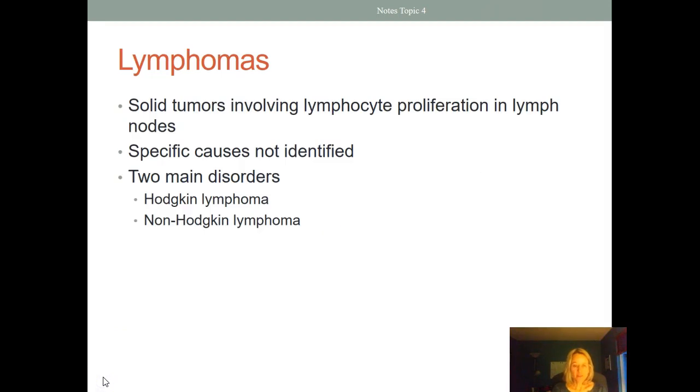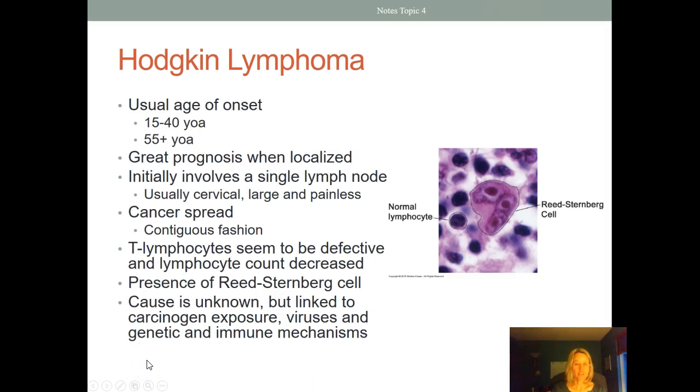The lymphomas involve solid tumors of lymphocytes in the lymph nodes. There's not a specific cause that has been identified, and there are two main types, Hodgkin's and non-Hodgkin's. Hodgkin's lymphoma, the usual age of onset is between 15 and 40 years of age, and then again after 55 years of age.